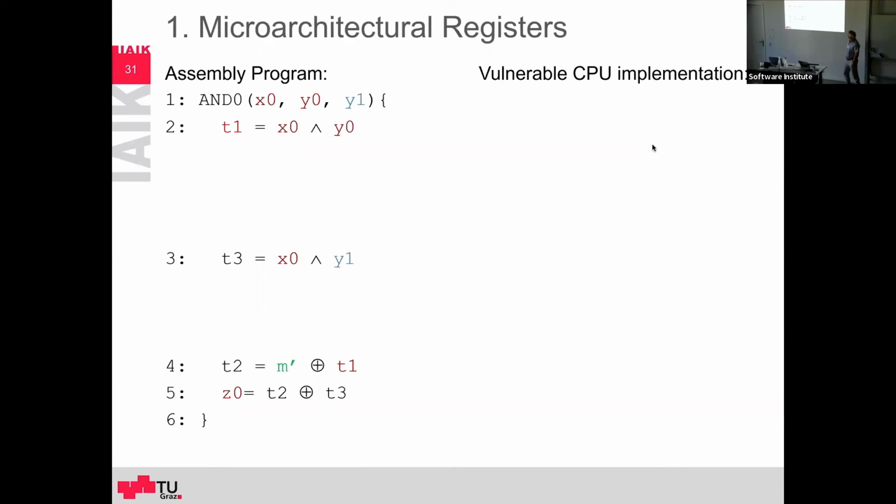So this is your assembly program here, in your favorite assembly language, and let's see what the processor does. We start with the first instruction: compute the AND of x0 and y0. The processor will fetch x0 and store it in some intermediate register or on some wires inside of the processor.